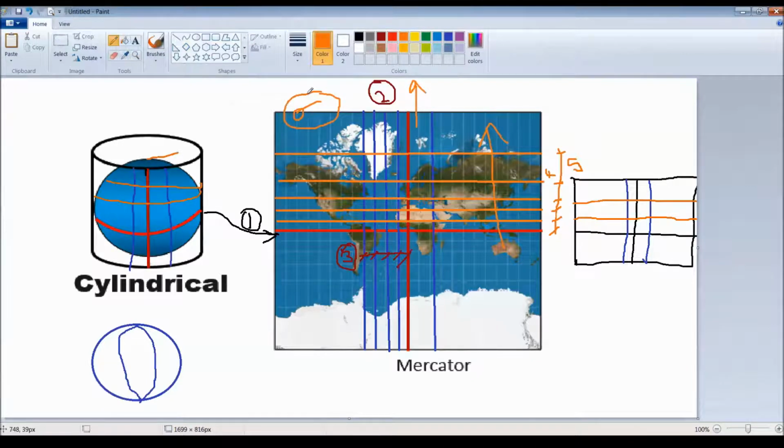Let's summarize them. Number 1 is the equator is projected as a straight line. Check. Number 2, the longitudinal circles are projected as straight lines. You see it here. That's the second one.